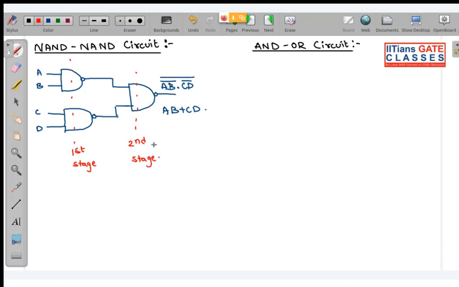Basically, we are implementing AND and OR. You can see A and B, C and D, and combinedly we are ORing the two. So it can also be represented like this.